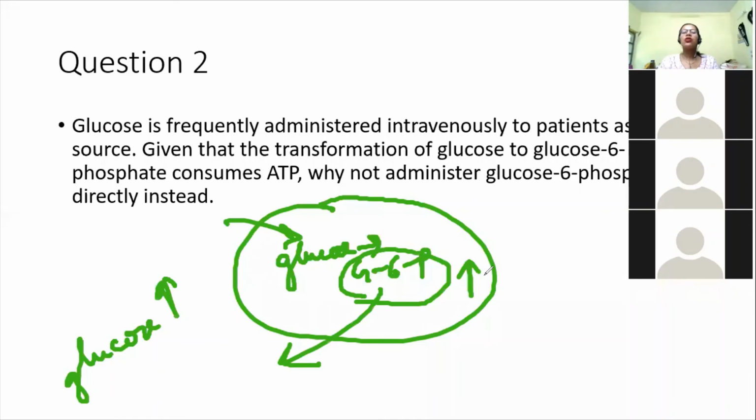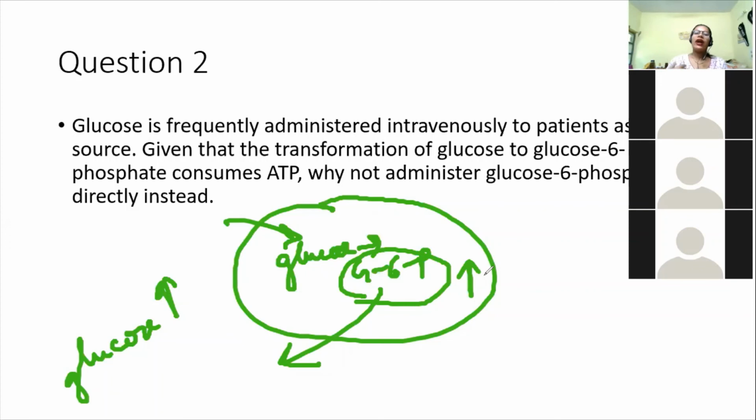If glucose was both inside and outside, it would try to reach equilibrium. But nature has made our body cells in such a way that the moment glucose is taken inside the cell, it gets converted to glucose 6-phosphate, otherwise there would be equilibrium between the glucose in the blood and your body cells.